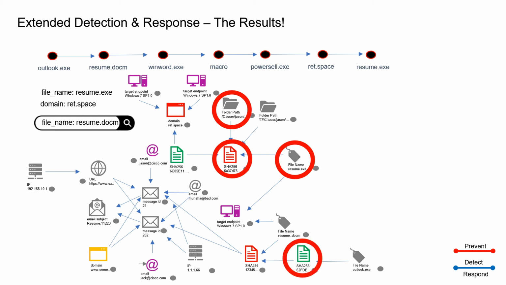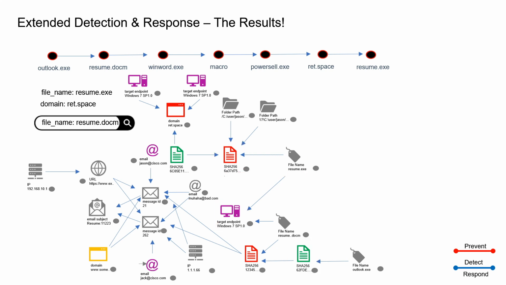When you look at the red elements here, and I'm not calling out every piece, I'm just showing folder path. Folder path is going to be through endpoint AMP as an example. These were all driven by Cisco Secure Endpoint, or endpoint AMP. That includes the target, right? We needed to be on the endpoint to see the endpoint actually execute that SHA-256. So that provides that capability.